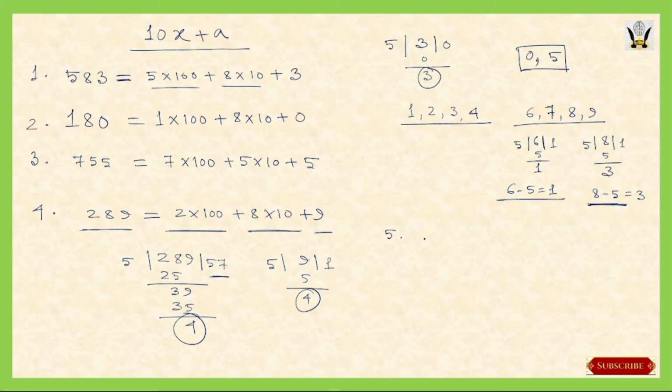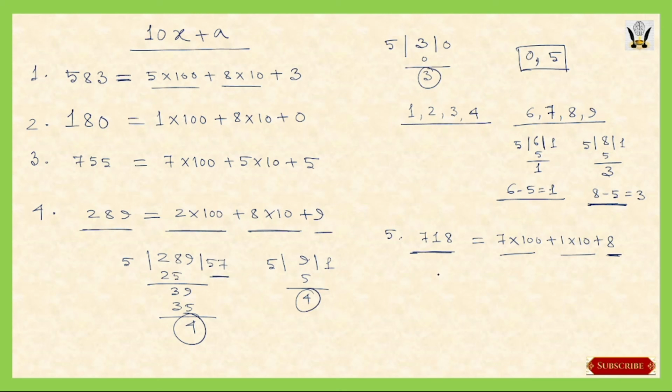So if we take another example, say 718. So 718 can be represented as 7 multiplied by 100, then 1 multiplied by 10, and here 8. These two terms can be separately divided by 5, but since we have 8 which is not divisible by 5, the whole number 718 is not divisible by 5.